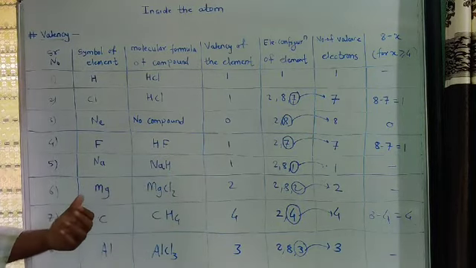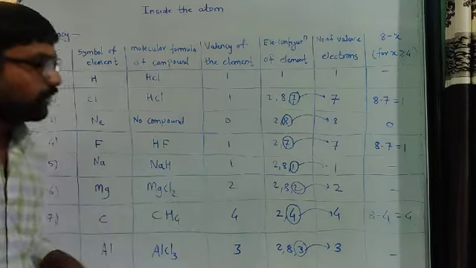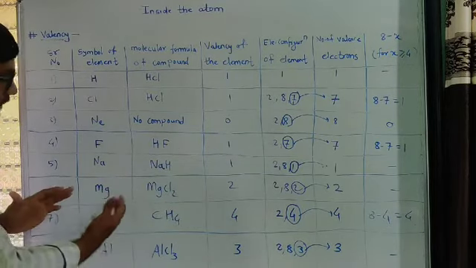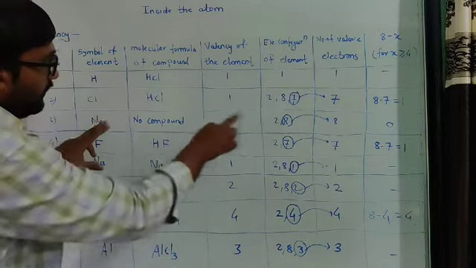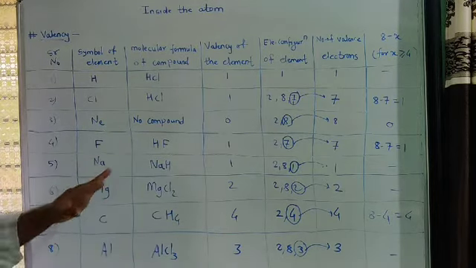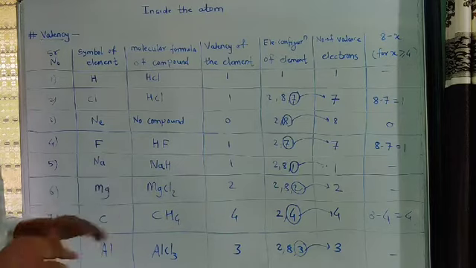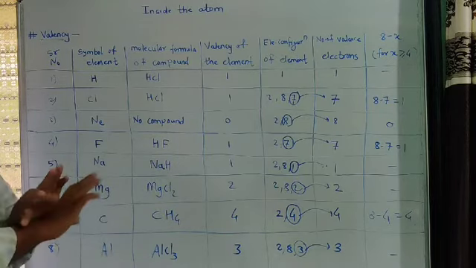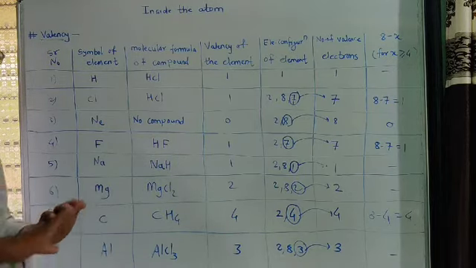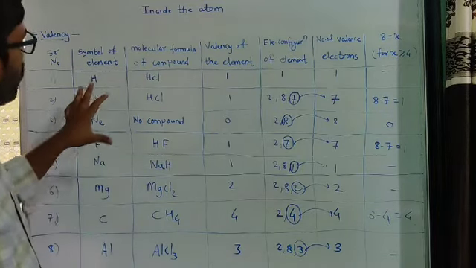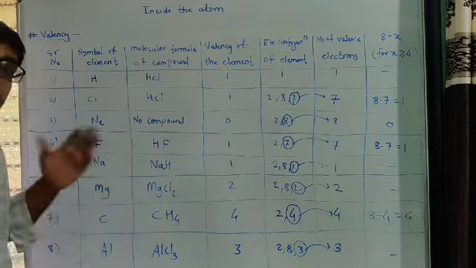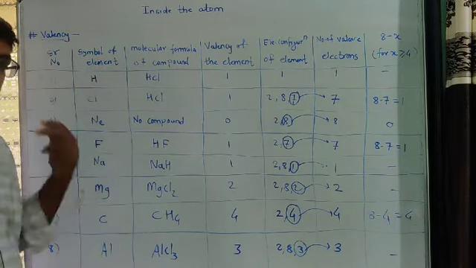So if the octet is not complete, then that element can form a compound. But if the octet of an element is complete, it does not react with any other element and does not form any compound. That is the mystery of chemical reaction, which depends on valency.